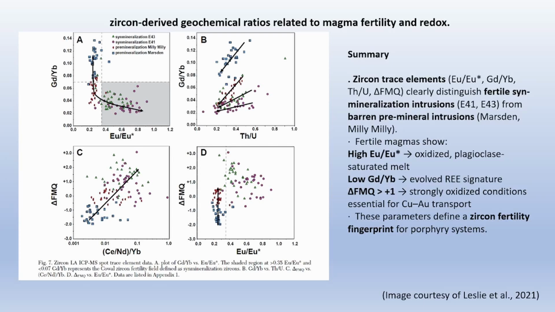We can use FMQ and thorium/uranium to track redox evolution across multiple magma batches, and we can map all these patterns back to the intrusive phases. And you're not just guessing anymore, you're defining targets for drill holes.